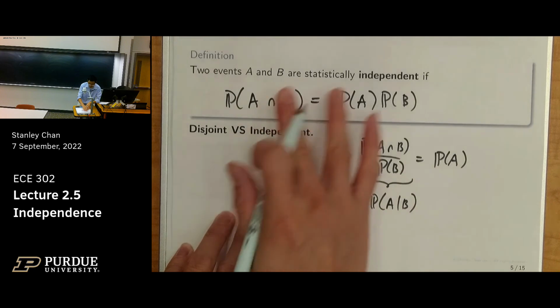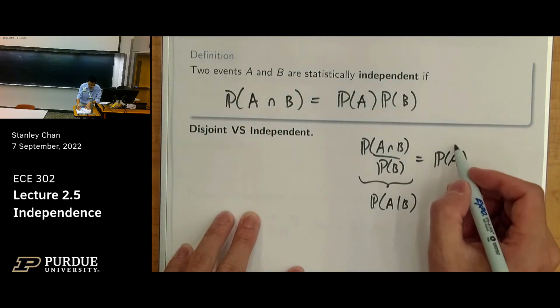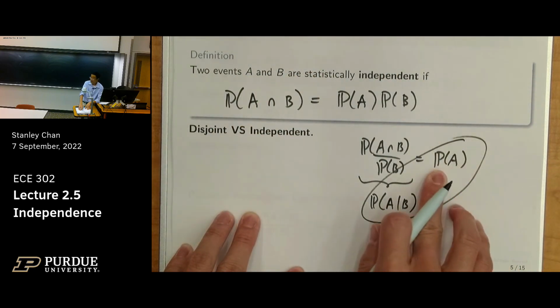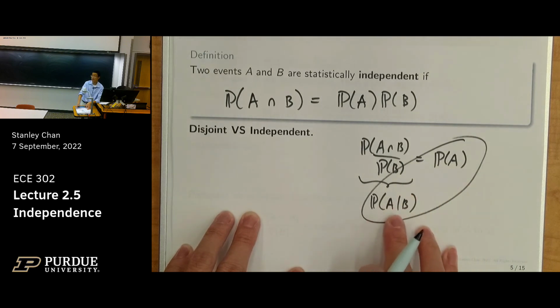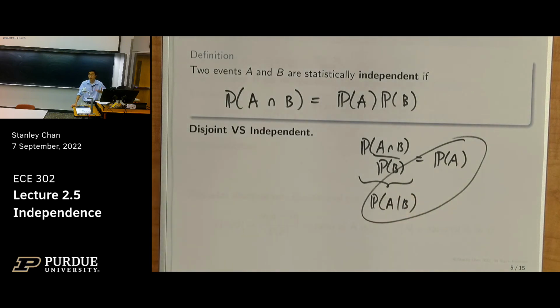So statistical independence really means that the probability of A is the same as A given B. So B has no influence on the probability of getting an A. I emphasize this is a probability. That number is not changed, whether you condition on B or not.